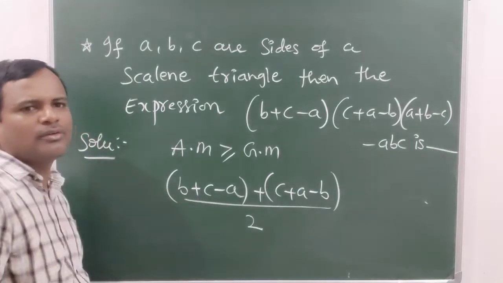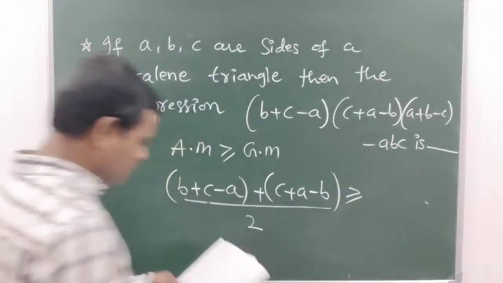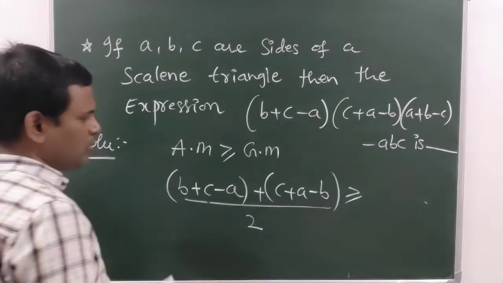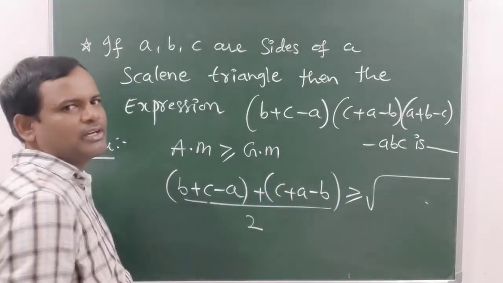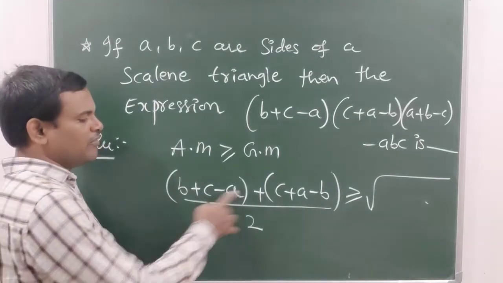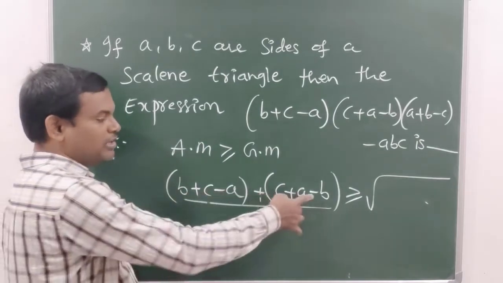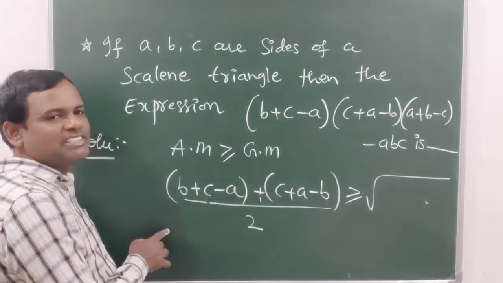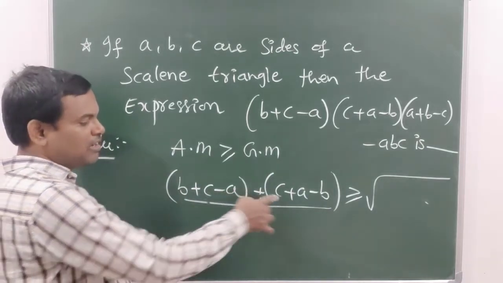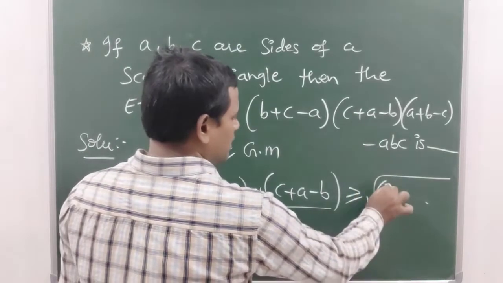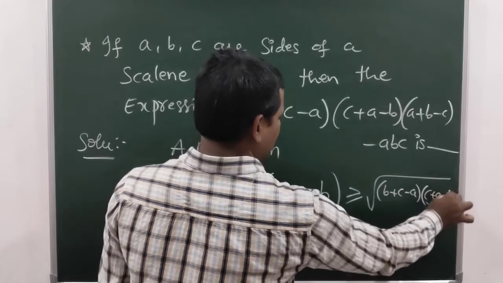So we get C. When you add and divide with 2, you get the average of these two quantities. How much do we get? C. So that is greater than or equal to the geometric mean of these two quantities, B plus C minus A into C plus A minus B.